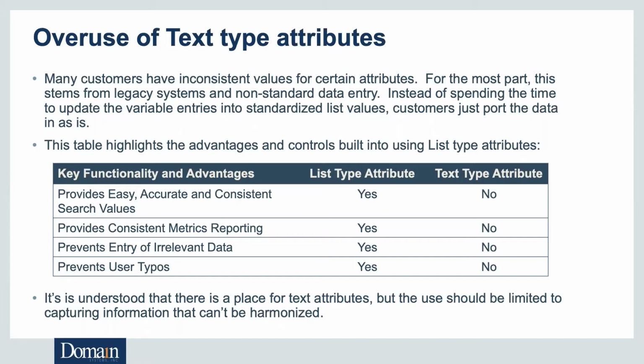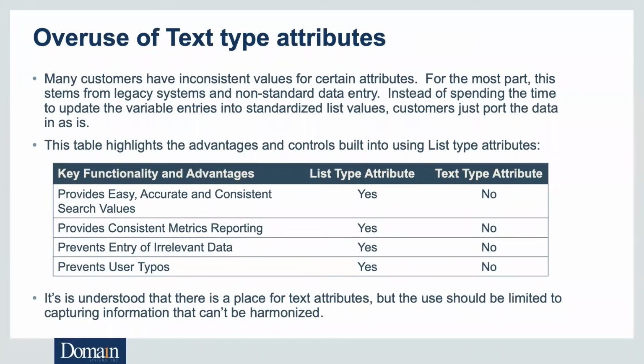You're not trying to interpret, anywhere from 10 to hundreds of other users' entry as to how they defined incorporation or incorporate or INC or whatever, right? It's a list value, it's defined, it has a specific meaning, and you're able to use that and have reliability in your result. Same thing, which leads to consistent metric reporting, right?